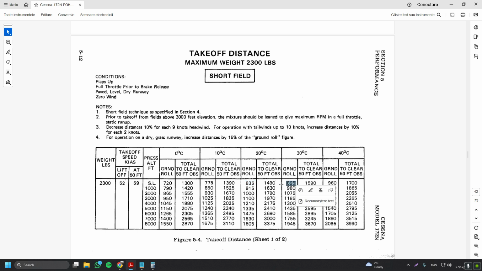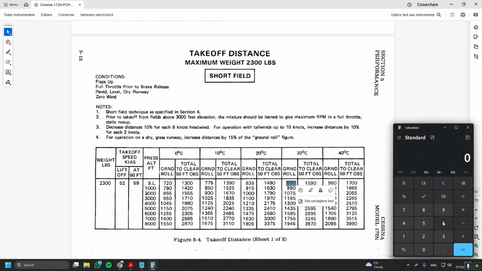So we'll have to do the medium between these two. 835 plus 895 divided by 2, 865. This is the ground roll at 25 degrees Celsius, but again, in zero wind conditions.